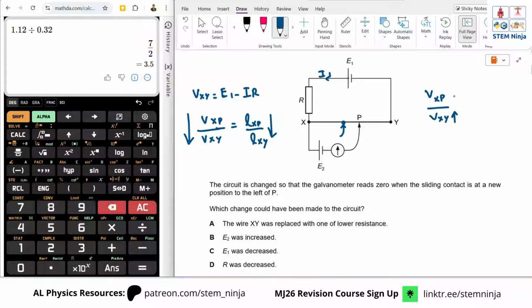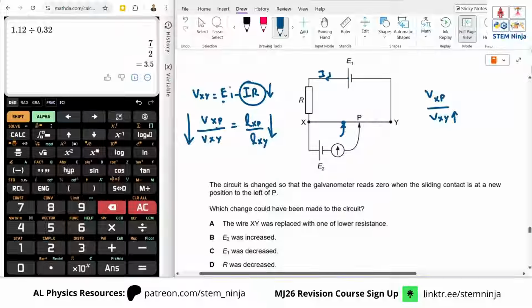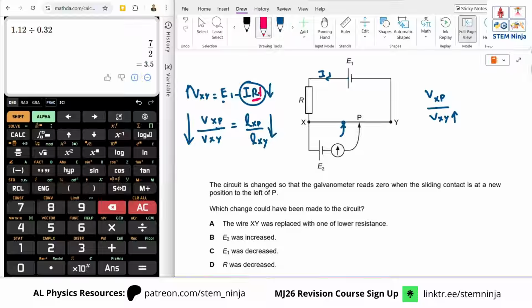Vxy can be increased because EMF E1 is constant. For the IR component, if it decreases, Vxy would increase, and this component can only decrease if R has been decreased. Was wire XY replaced with one of lower resistance?